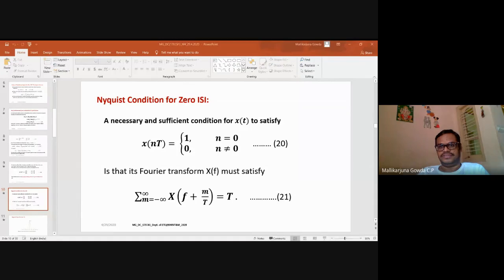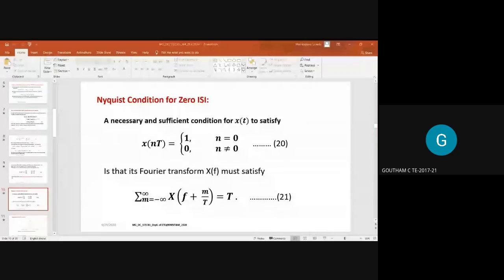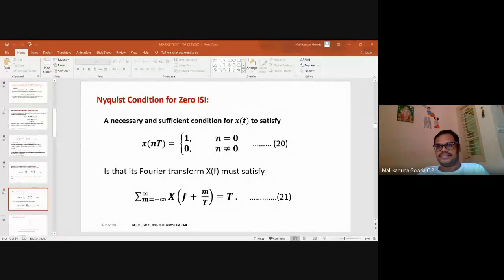If you don't have any questions, or if you can't ask, you can chat also. I will answer. I tried to contact Siri, could not speak. Then Sonali also could not speak.